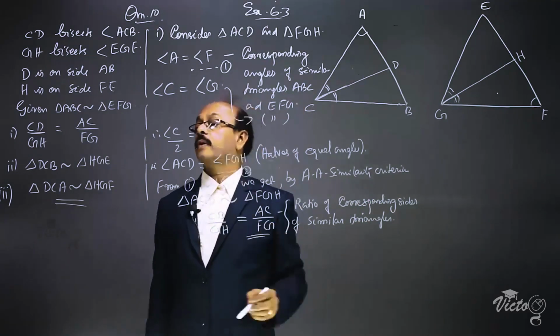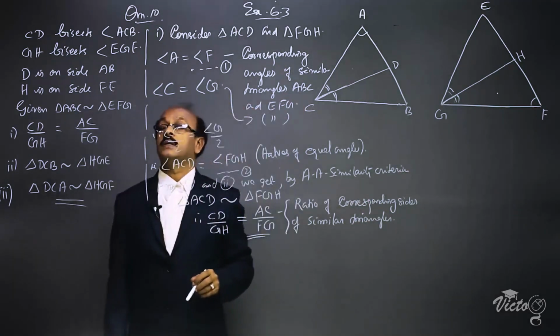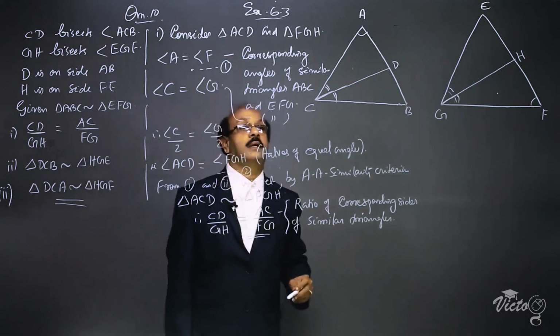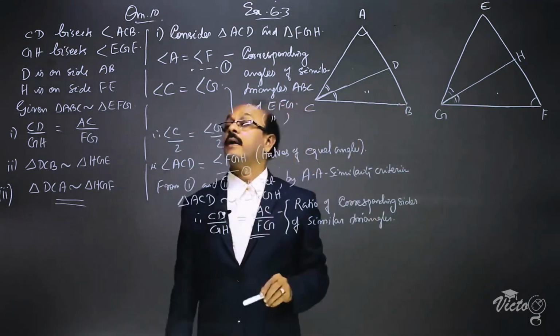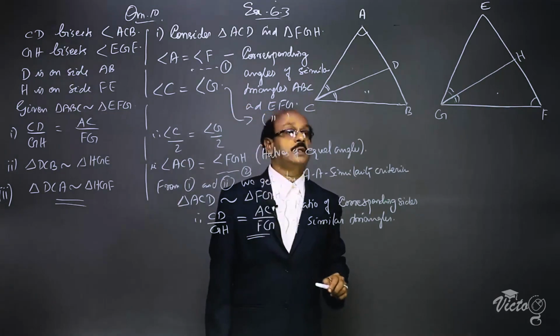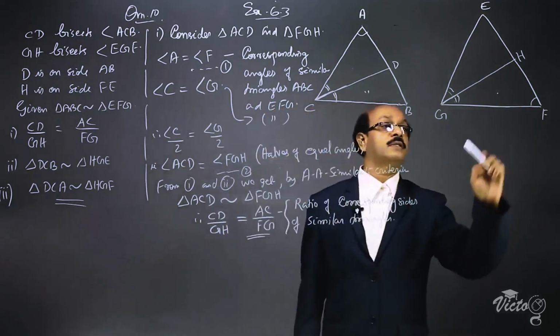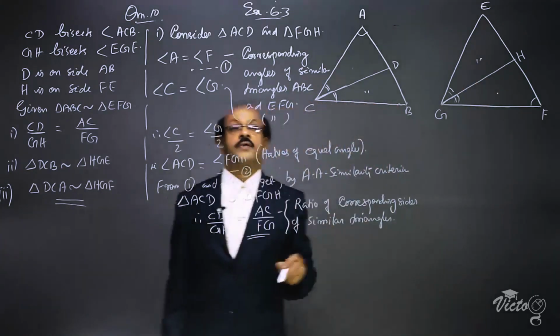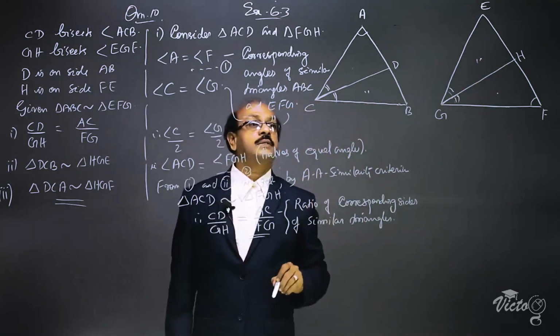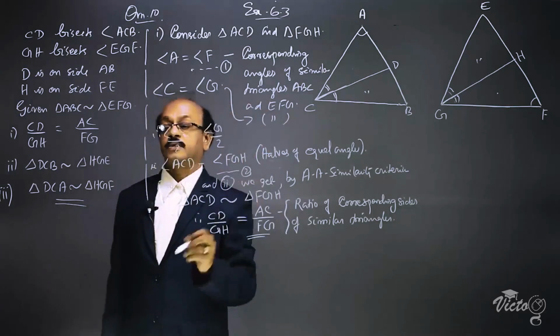First part is over. Now we have to consider triangle DCB and triangle HGE. HGE means this triangle. In the same manner, we can prove these two triangles are similar. Second part.